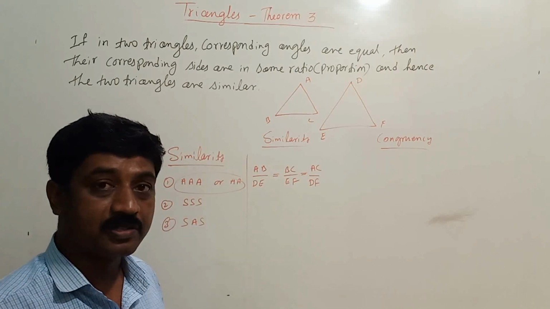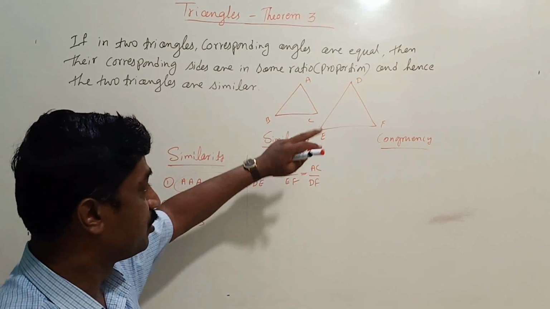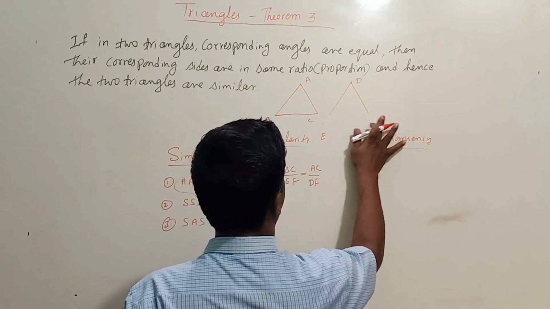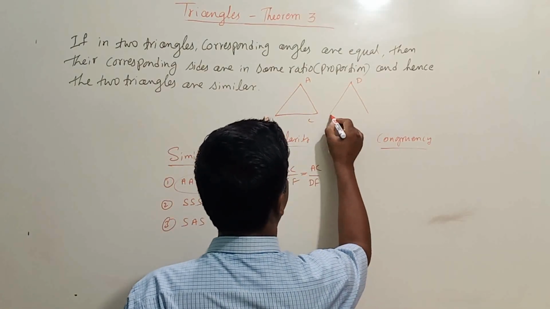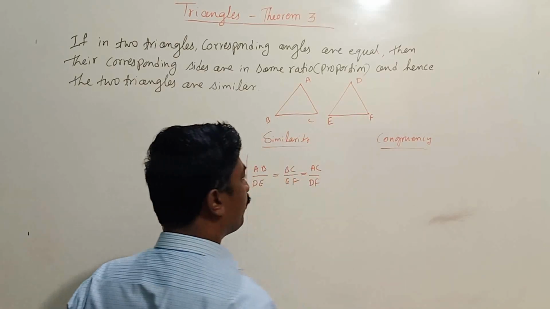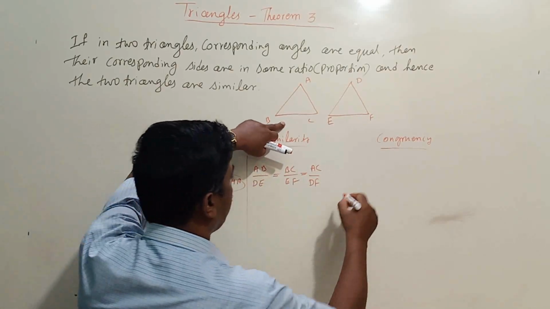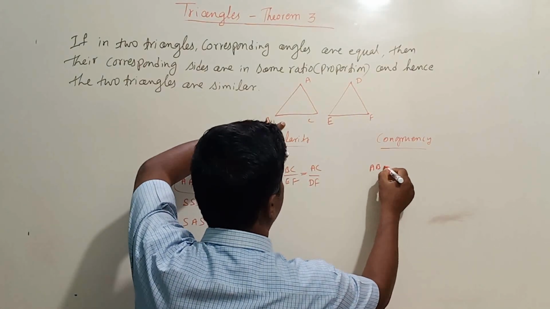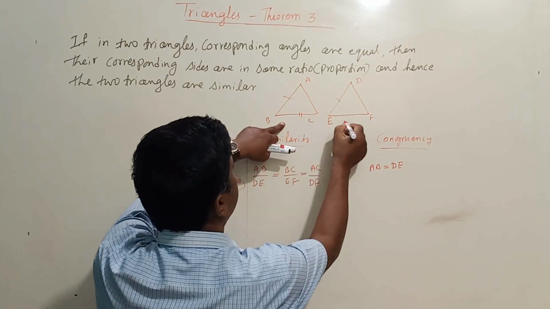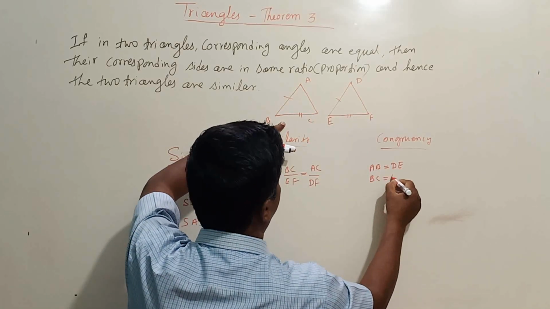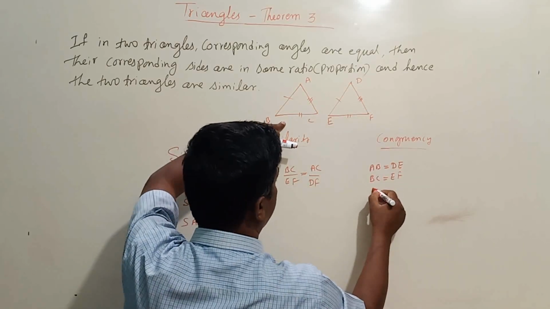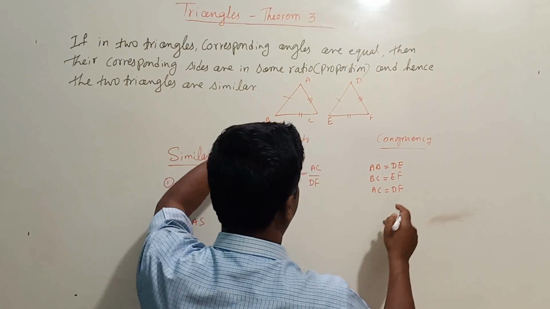What about congruency by SSS? Then this diagram is not possible. For that, the two triangles must be similar as well as equal, both. This is EF. Now, in congruency, how do you write? AB is equal to DE, and BC is equal to EF, and after that AC is equal to DF.